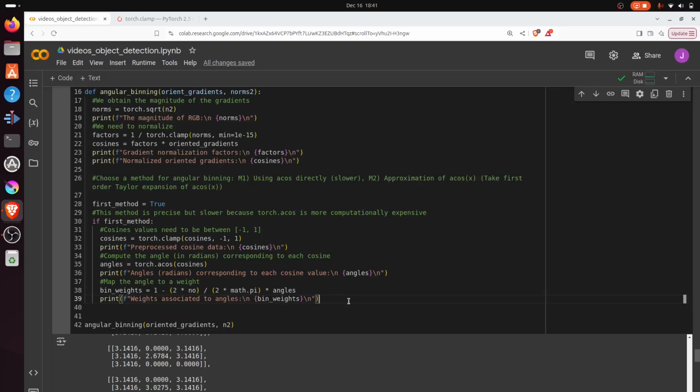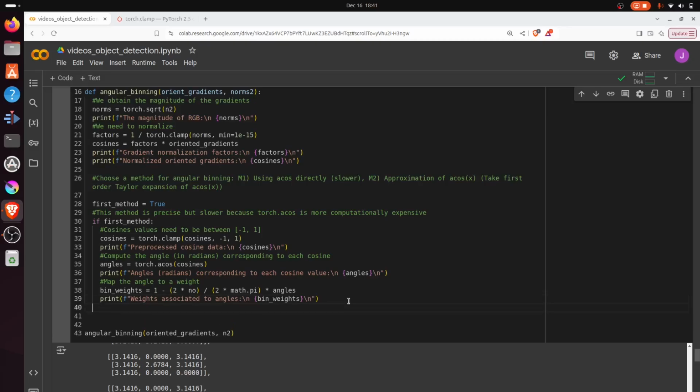But say that we are having problems. Of course, here we're not having any problems because we have very few data and everything goes fast. But let's say we are struggling to compute or extract the angles associated to these gradients.